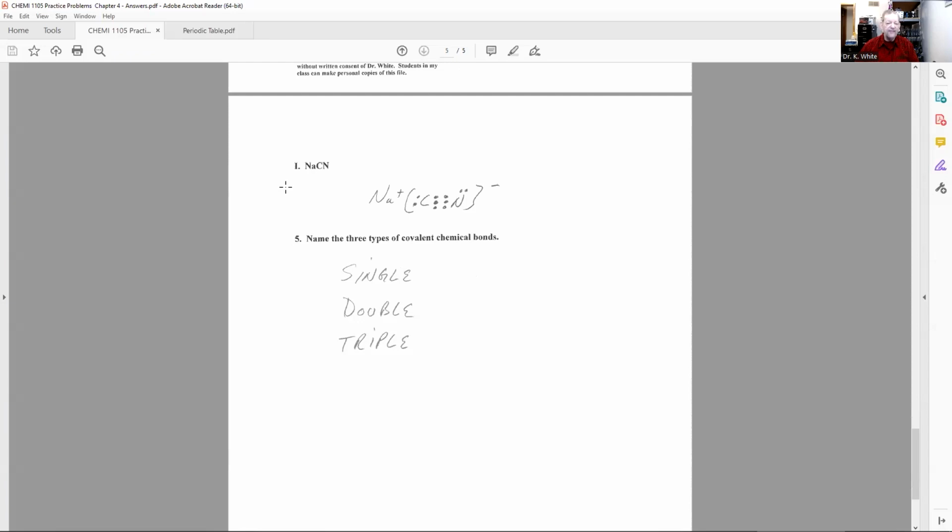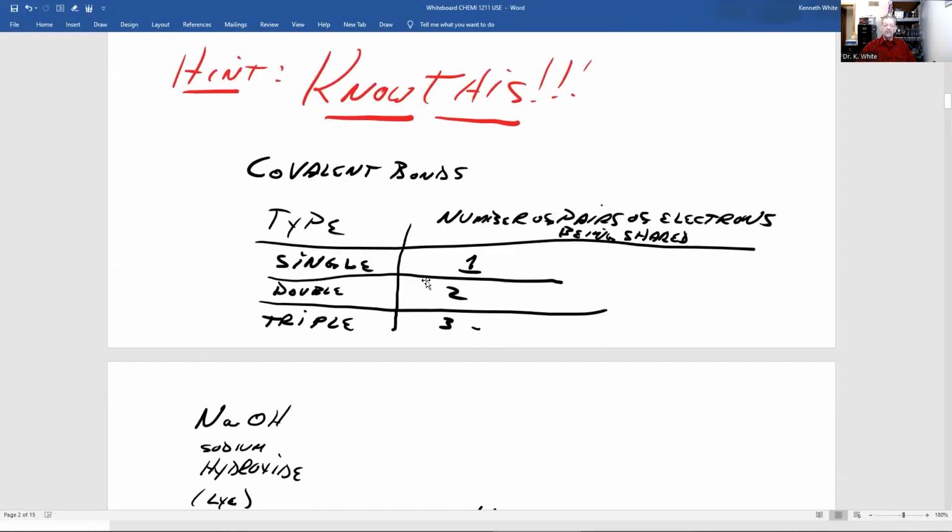And finally, number 5, name the 3 types of covalent chemical bonds: single bond, double bond, triple bond. What I didn't have here, but I should, so let's go through it again. You should also know for each of the 3 types of covalent bonds, how many pairs of electrons are being shared.